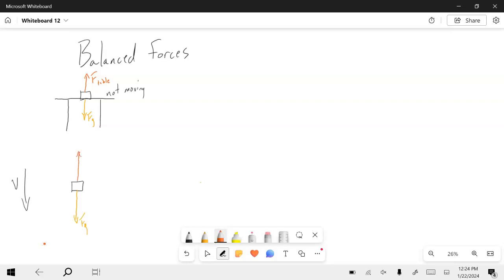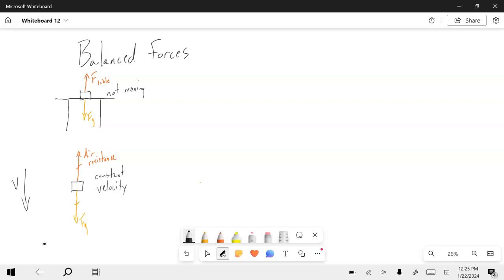And let's consider air resistance. And if these are equal, and I'll put a little kind of line like that, I think mathematicians do that to show that these are equal in length, because I don't have a ruler. If those are equal, then we're at terminal velocity, which means it's constant velocity.